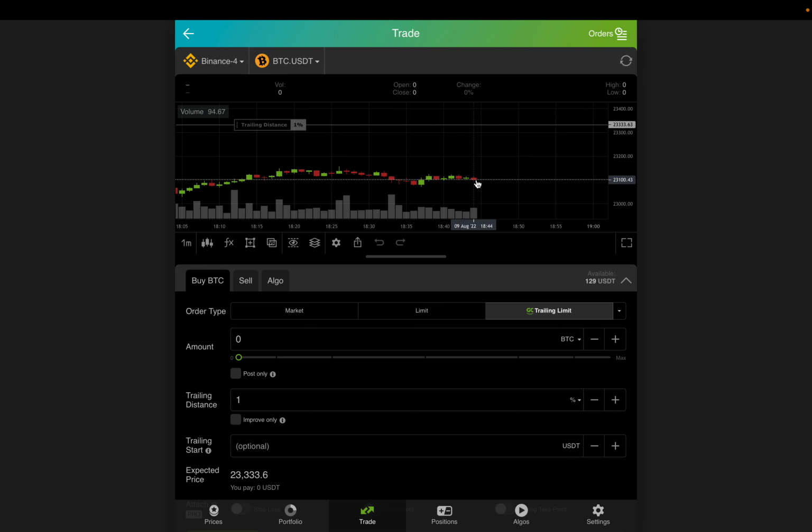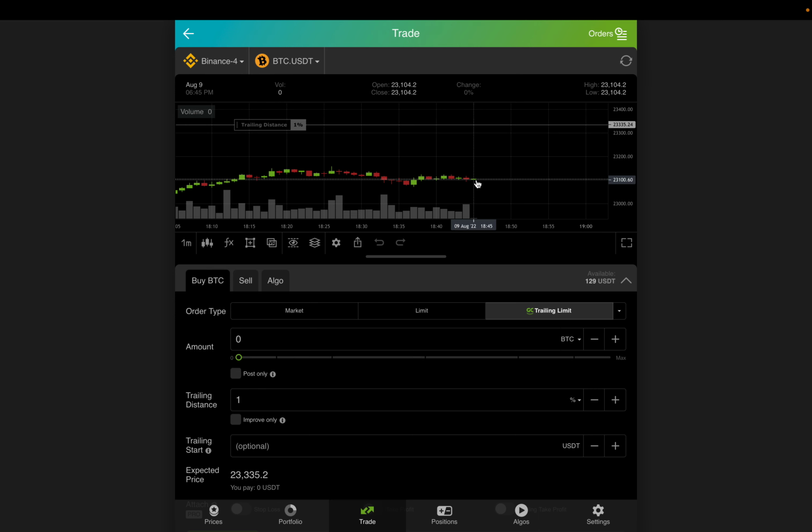So you don't know. There is upside and downside risk. It's a slight risk, but it's still there. Versus when you use a trailing stop limit order, you have the risk that the order will remain open.